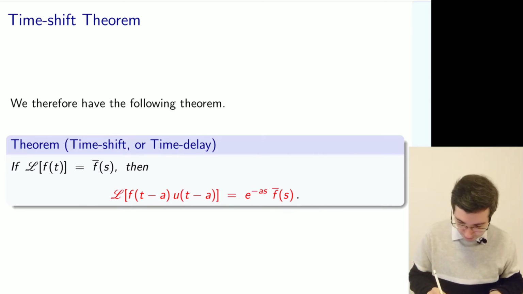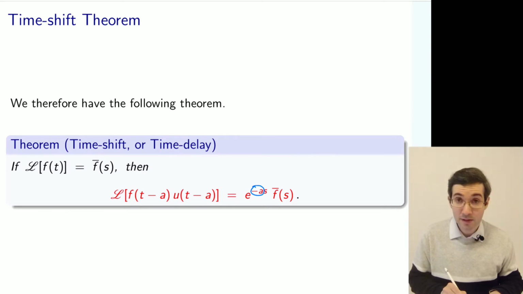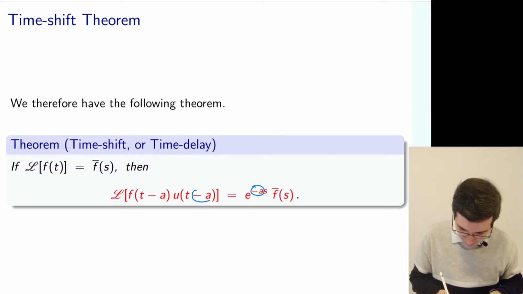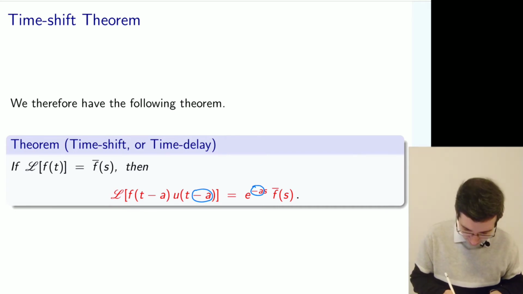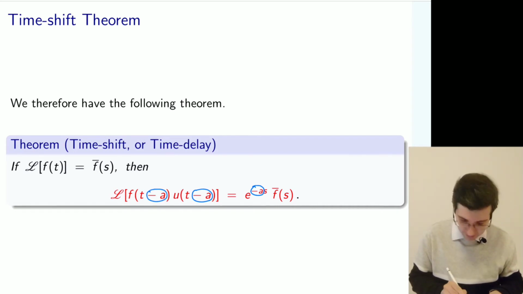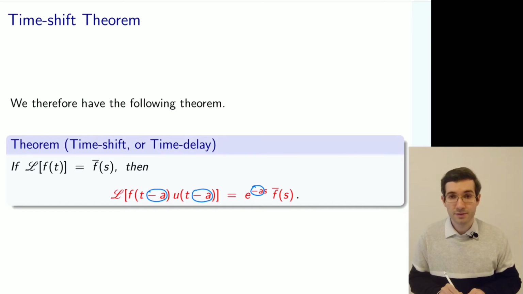What's important to notice here is that you have minus a in the power, you have minus a in the unit step function, and you have minus a in the shifted version of the function. So bear this in mind. That's the time shift theorem.